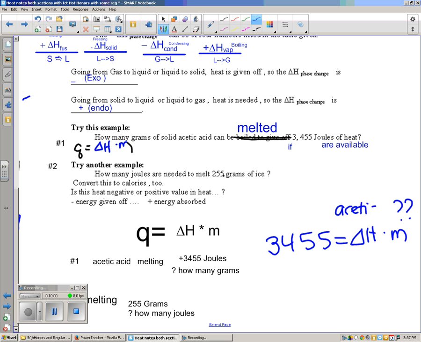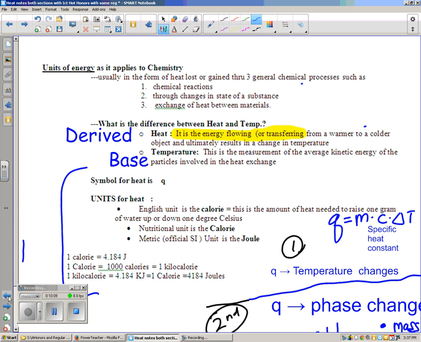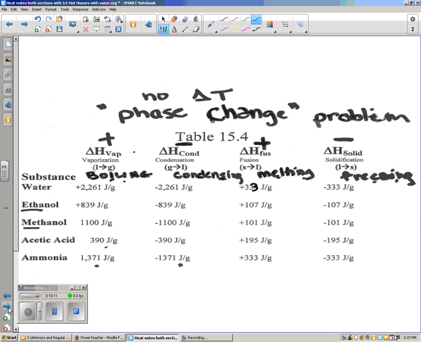For the second problem, we're going to use the one for water, which is 333 joules per gram. We're going to use that number as well. So let's go ahead and copy them both down for the two problems.